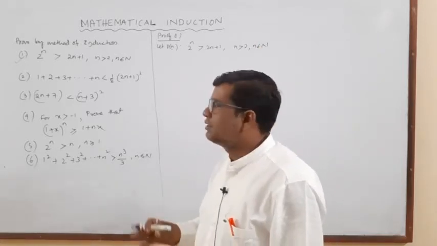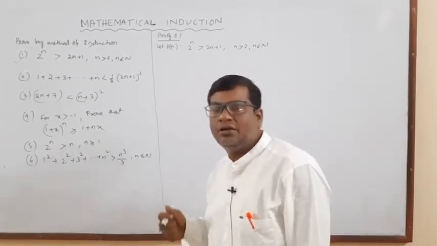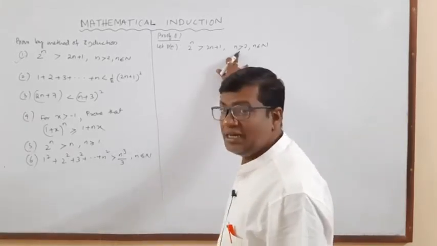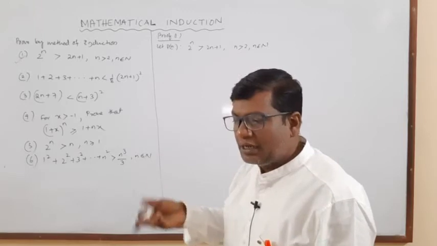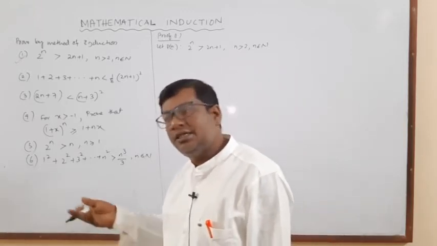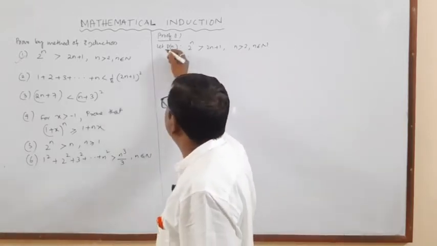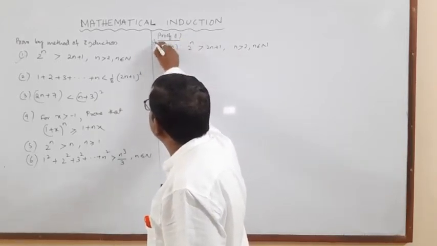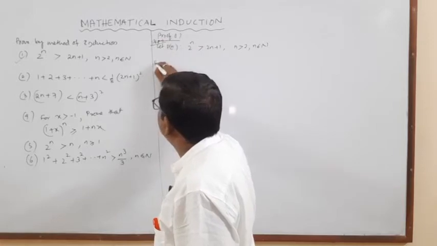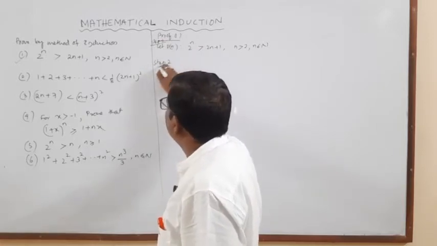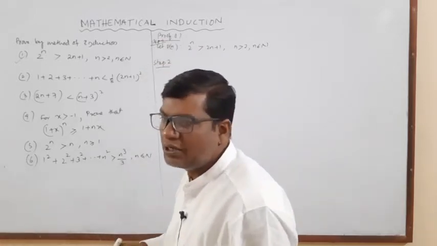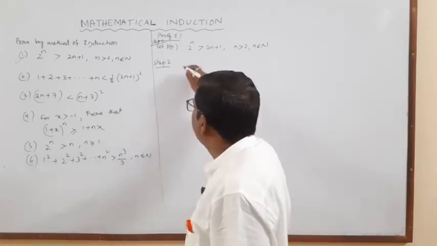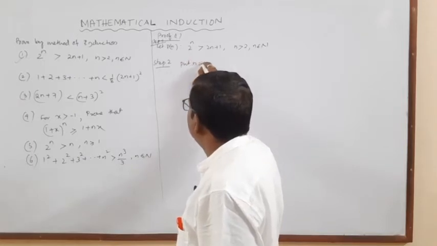Here we cannot take n equal to 1 or n equal to 2, because the condition is n greater than 2. So, the natural number greater than 2 is 3. This is step 1. Now step 2: we put n equal to 3.